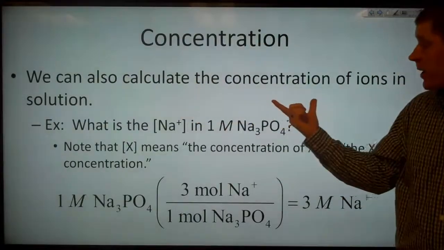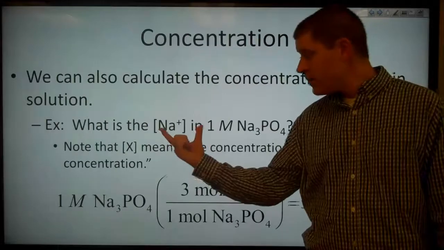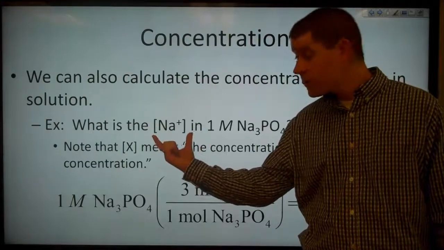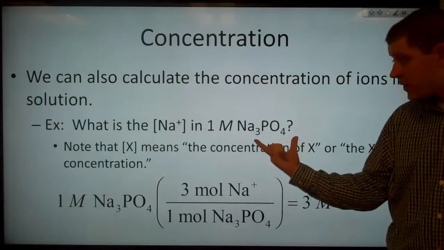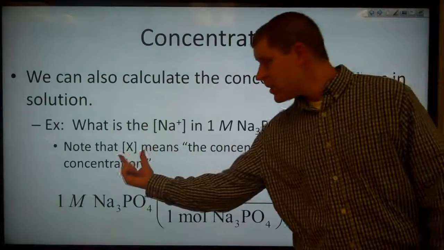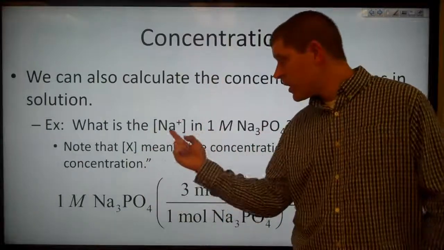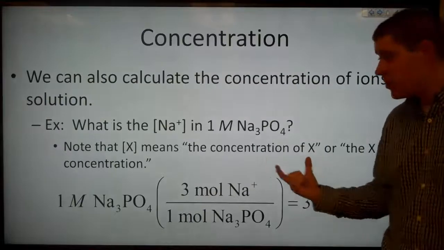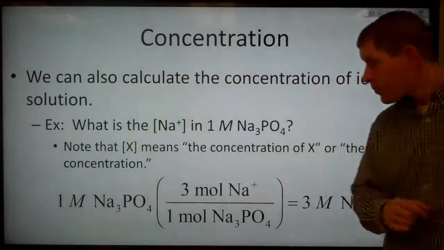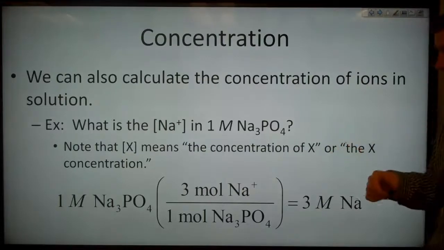So we can also calculate the concentration of ions in solution. Say we want to know what the sodium ion concentration is in 1 molar sodium phosphate. Note here that X in brackets means the concentration of X, so in this case the sodium ion concentration.